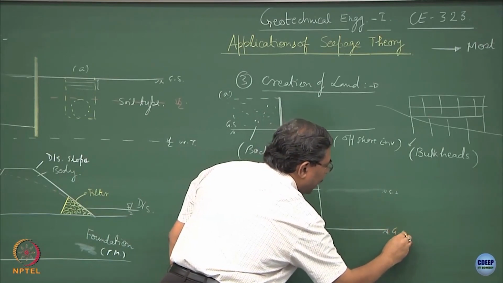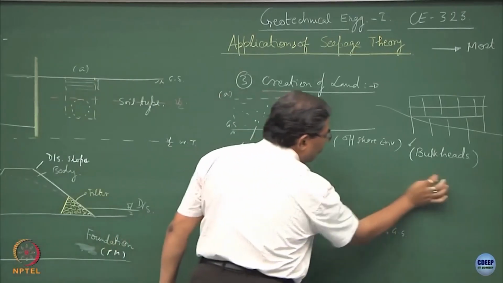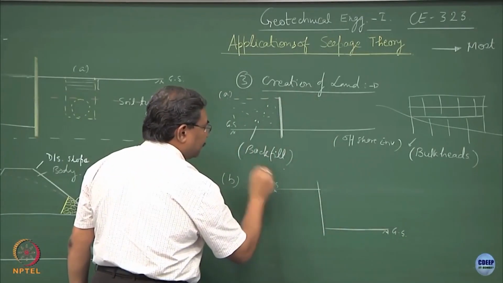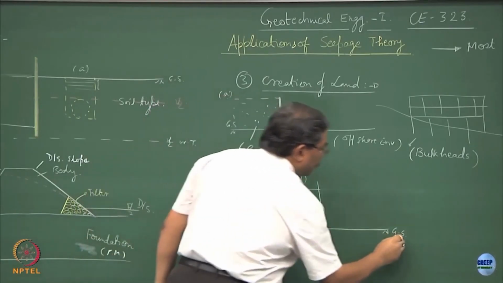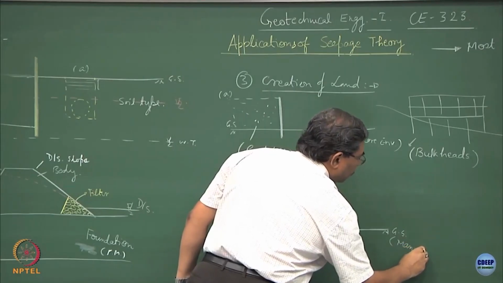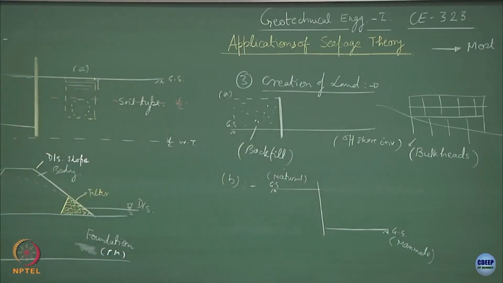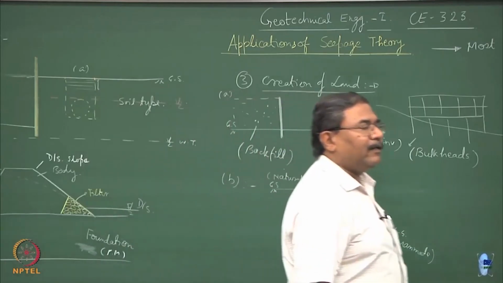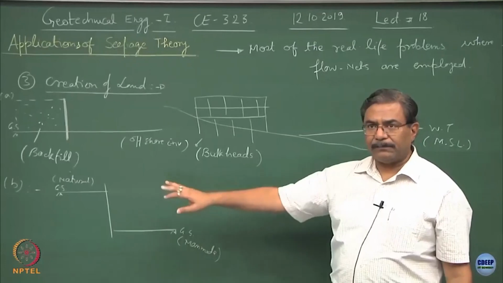So, this becomes man made ground surface after excavation, and this is your natural ground surface. I hope you have realized that there are several situations which can be created, alright. These situations are the order of the day, because depending upon your client you would like to give them a solution where these type of things can be done.